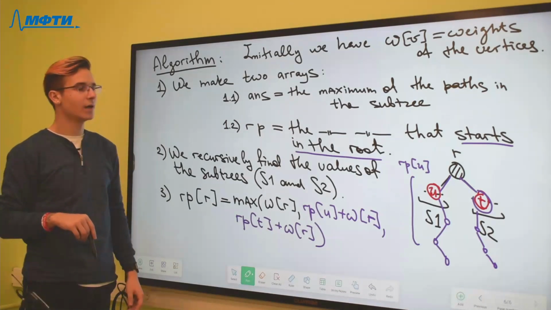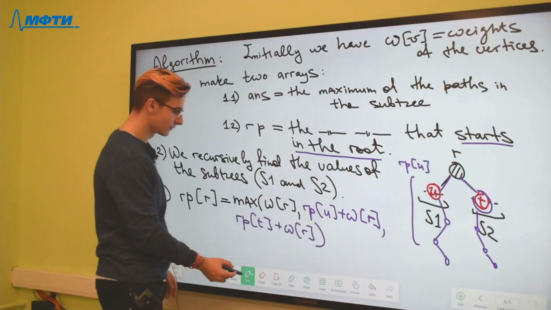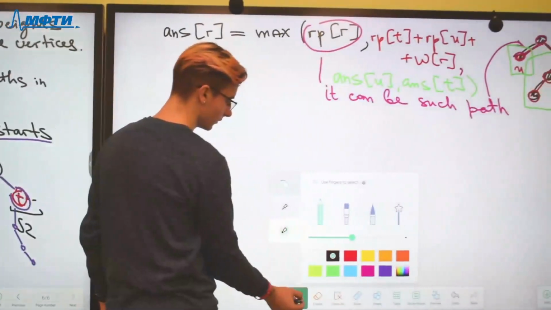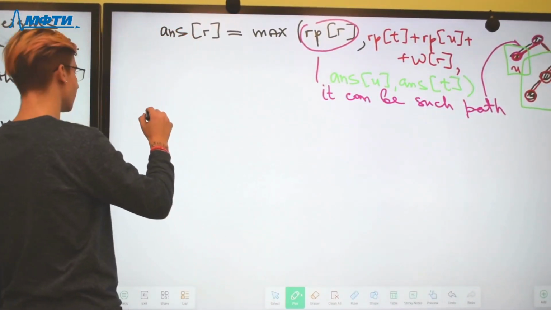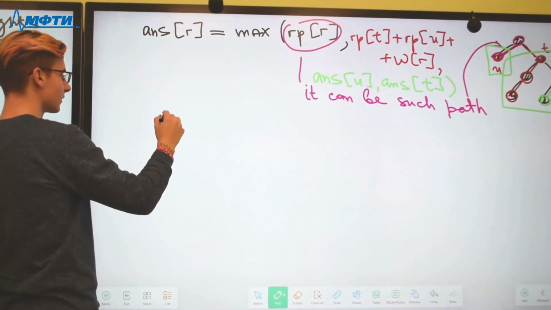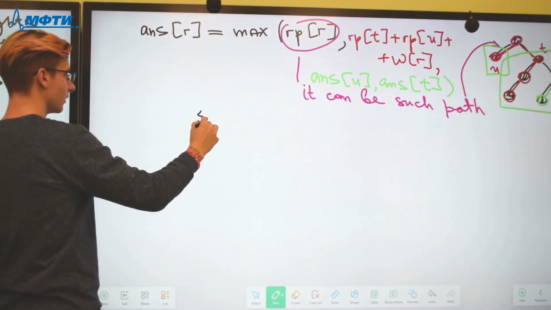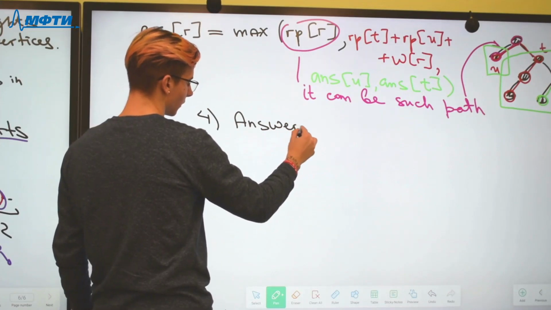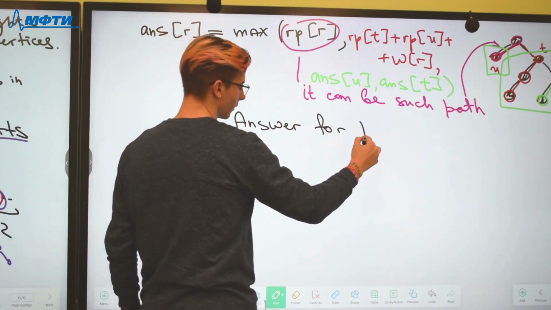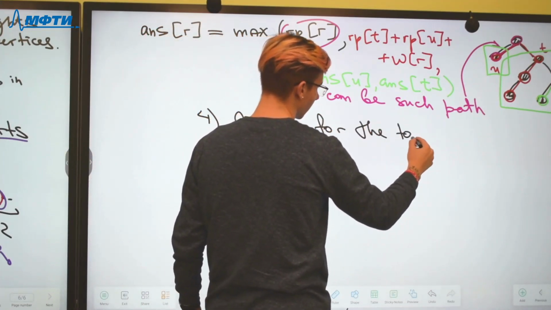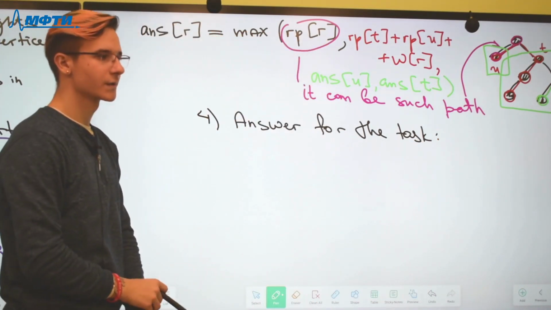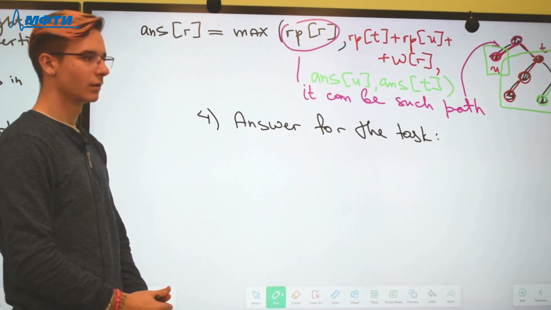And what is the answer of the algorithm? If you understand the previous steps, you can say what is the answer for the task.